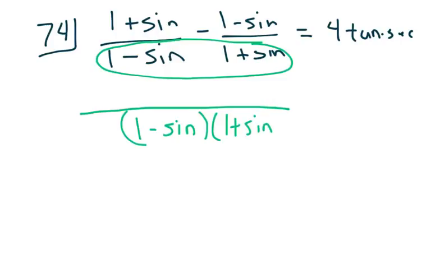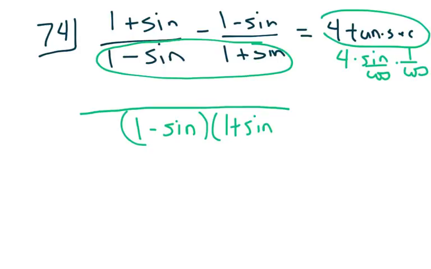Again, if you want to rewrite this to just see what that looks like, that's 4 times sine over cosine times 1 over cosine. So you can either get this or you can get something that looks like this and have those two equal. Now when I do this, I'm going to multiply these two together and multiply these together because of the common denominator.